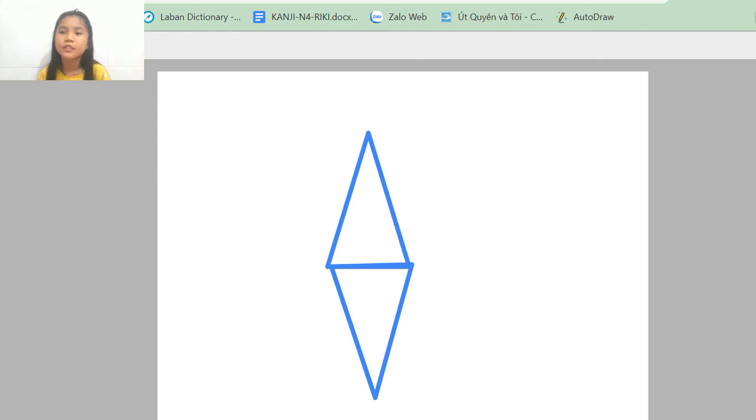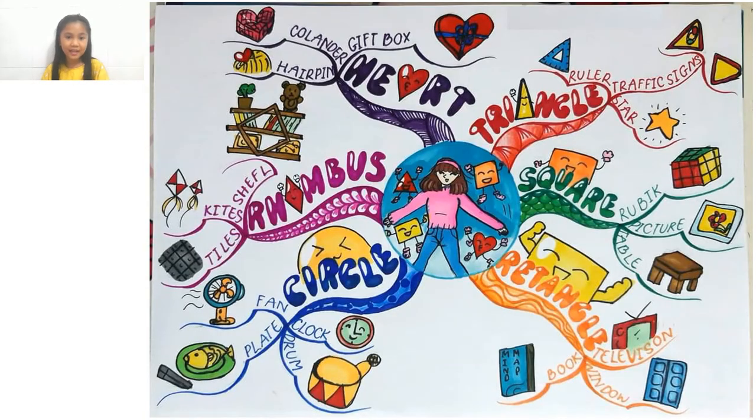A rhombus just looks like a diamond shape, right? That can be a tile, or kites. You know the kites have the shape that's just like this, right? And tiles. The tiles here, right? You see? It also has rhombuses.